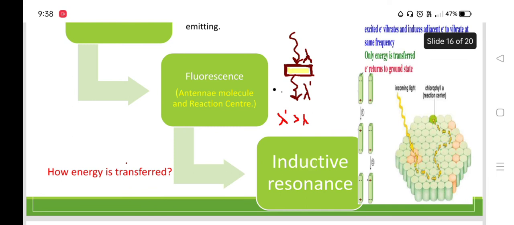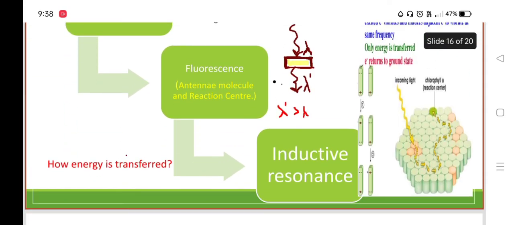When I am giving a light of a wavelength lambda to a particular molecule, then in case of fluorescence, the light which is emitted by it will be of greater wavelength than the light which was given. It means the initial wavelength will be lesser than the final wavelength.